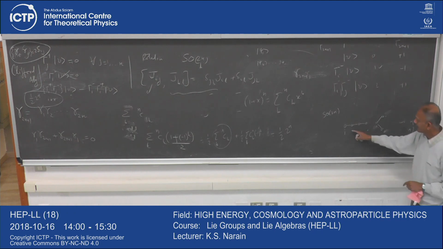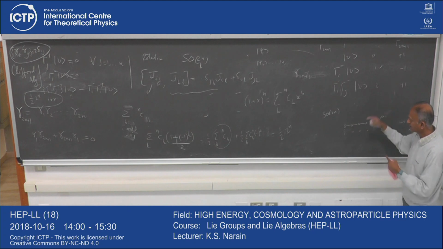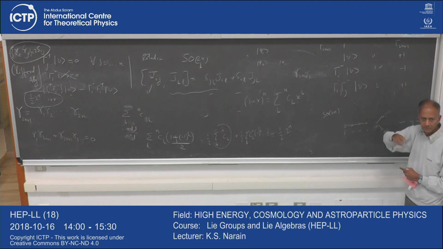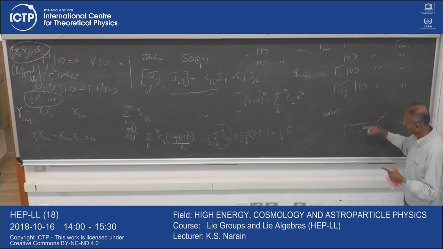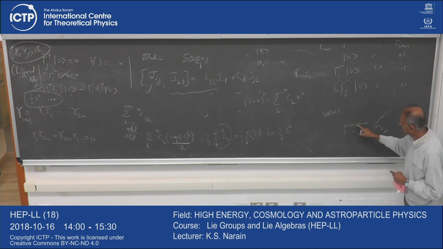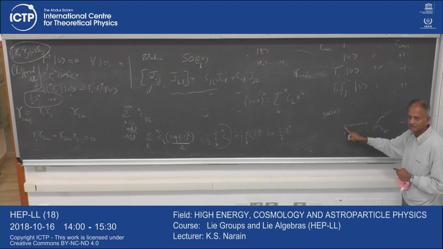What it tells you is that the highest weight state is the highest weight with respect to all the SU2 subalgebras, because each circle represents an SU2 subalgebra. Every x alpha gives you an SU2 subalgebra. So our highest weight state is the highest weight with respect to each of these SU2 subalgebras. But this is a spin 0 representation for all of them, and spin half representation for that SU2. That's what it means.